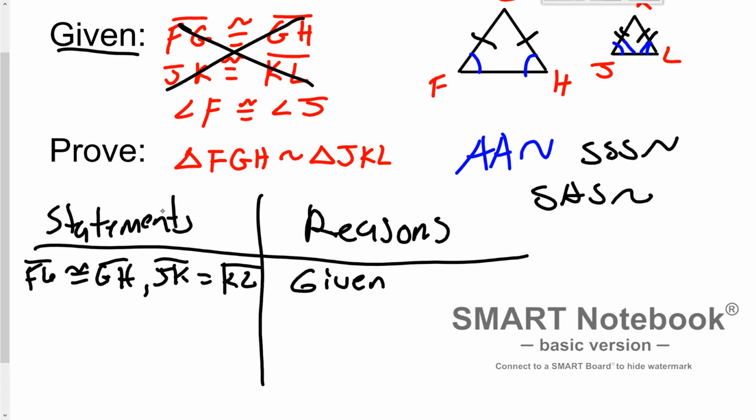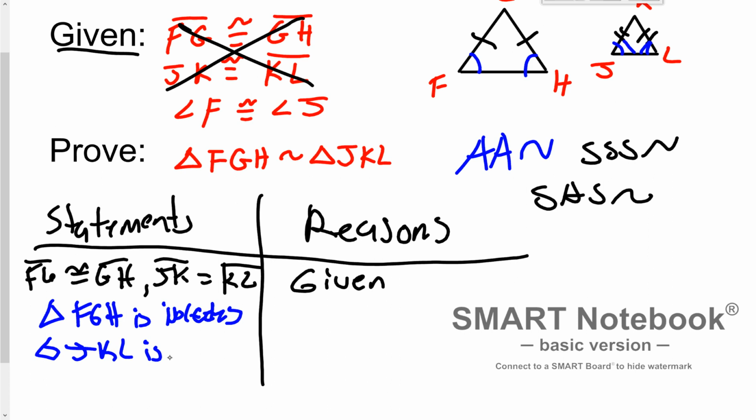Because of that, I can say that these two triangles are isosceles. FGH is isosceles, and triangle JKL. Don't you like my triangle? Isn't it nice and pretty? And the word isosceles, it's mostly because I can't spell, so I just kind of scribble.